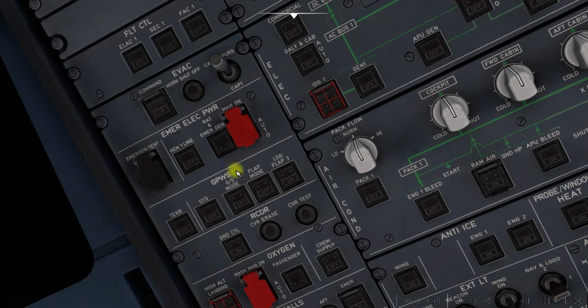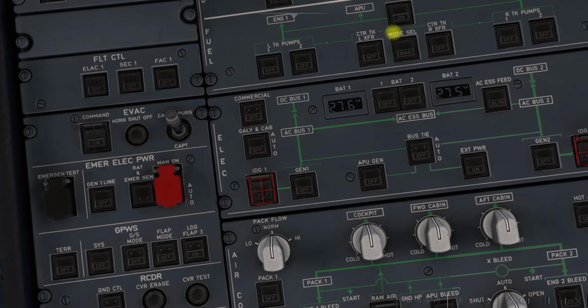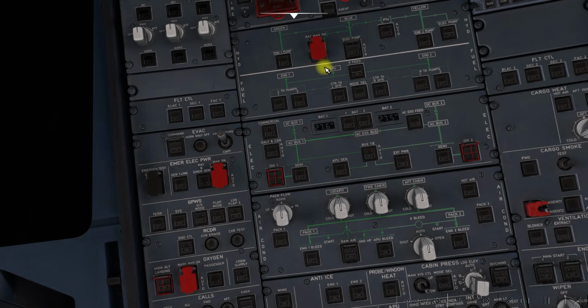You will deploy it. Third way to deploy the RAT is manually if you have a dual hydraulic failure, which includes the blue system. For example, green plus blue failure or blue plus yellow failure. In this case, you can deploy the RAT manually using the RAT MAN ON push button.